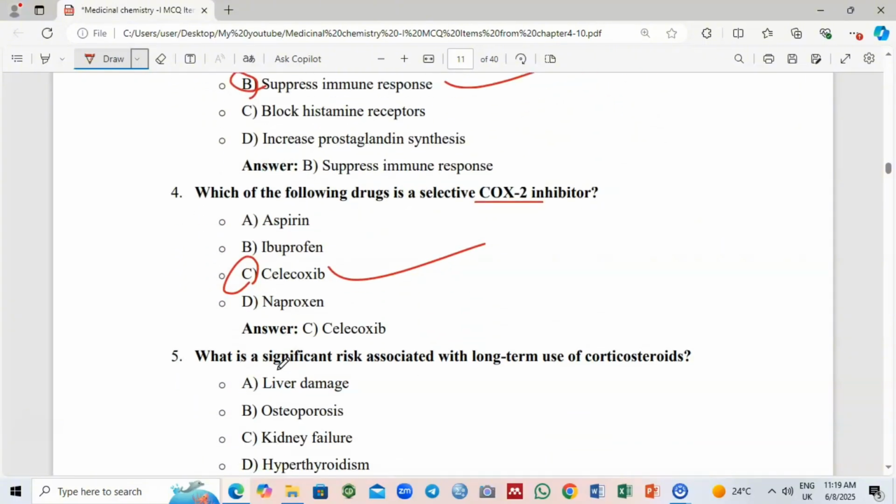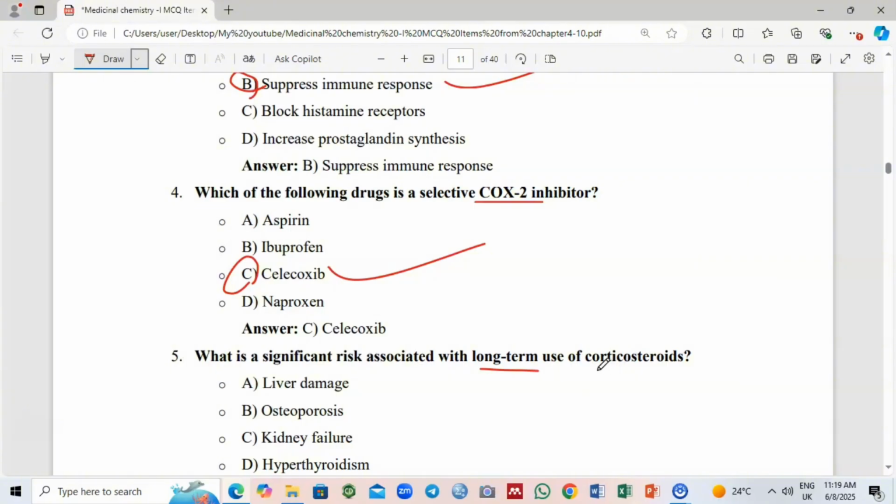The next question: what is a significant risk associated with long-term use of corticosteroids? A, liver damage; B, osteoporosis; C, kidney failure; D, hyperthyroidism.